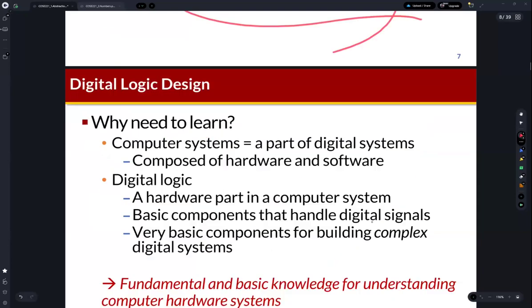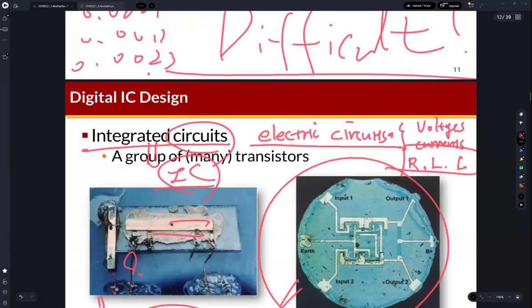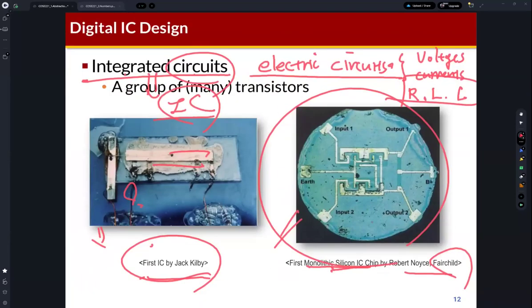Okay, and then I also showed these photos. This is the first semiconductor device, called a transistor. It is called an integrated circuit. So what is a circuit? If we build an electric circuit, the voltage source drives the circuit components.